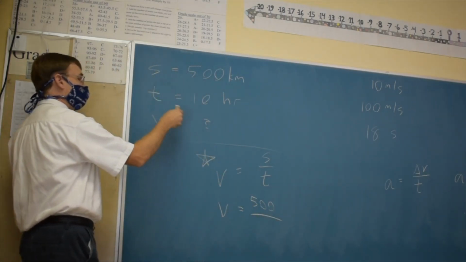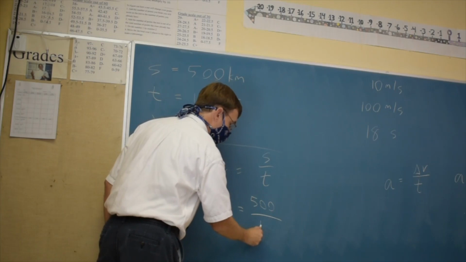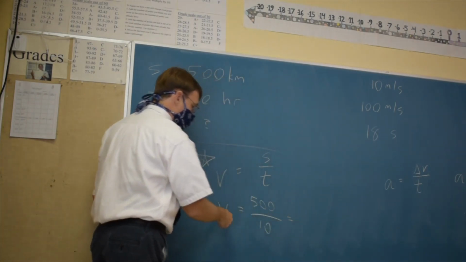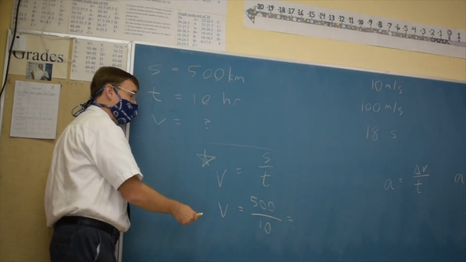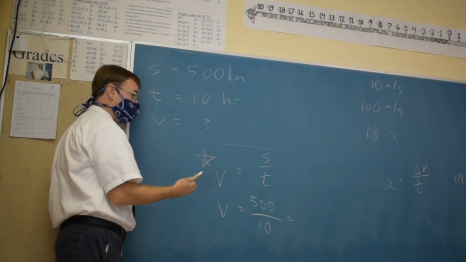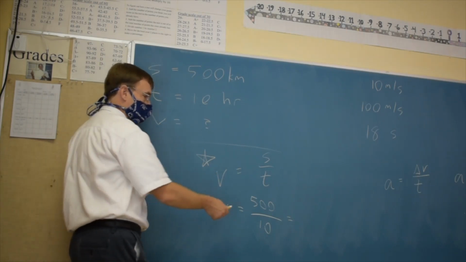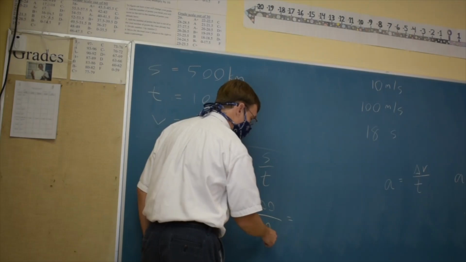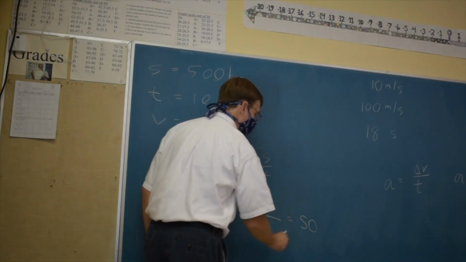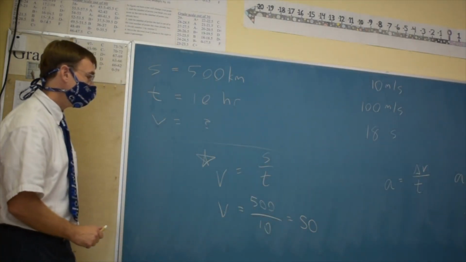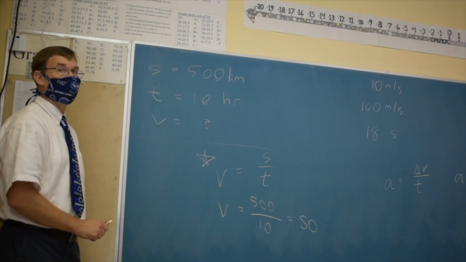I do know the T, I'll jam in there the 10. The variable's already alone, hooray for that. I don't have to do any opposites or solve. Sometimes you do, sometimes you don't. Just do 500 divided by 10, and it'll show up to 50. Question about that?